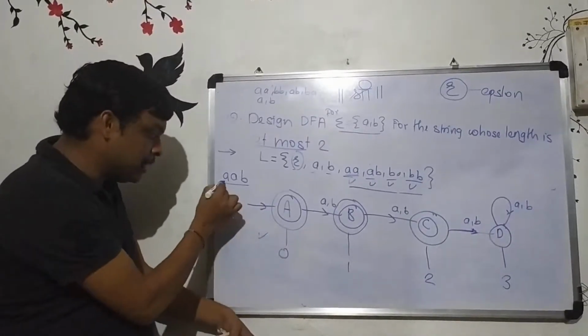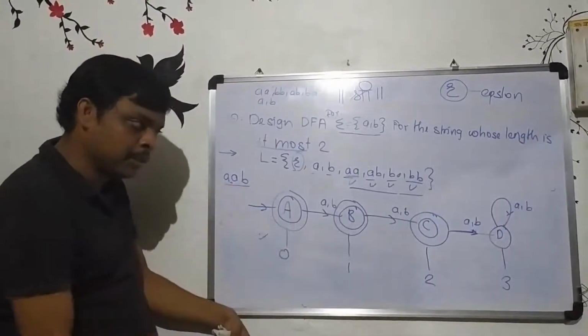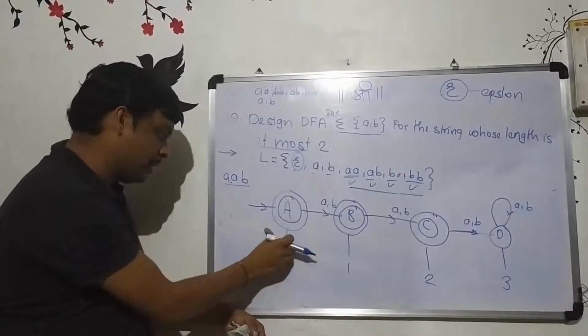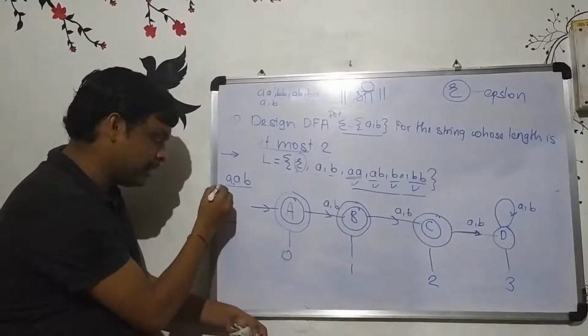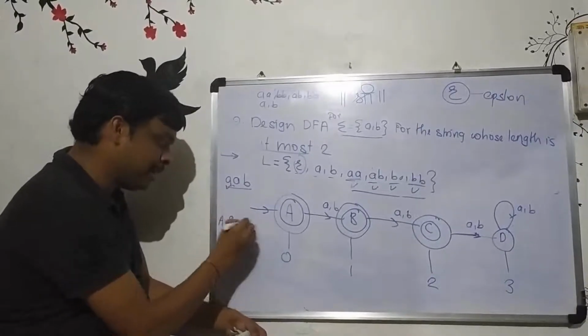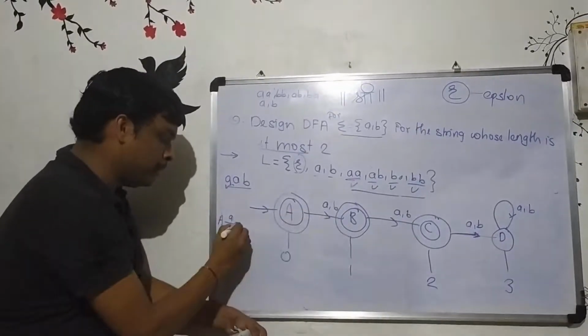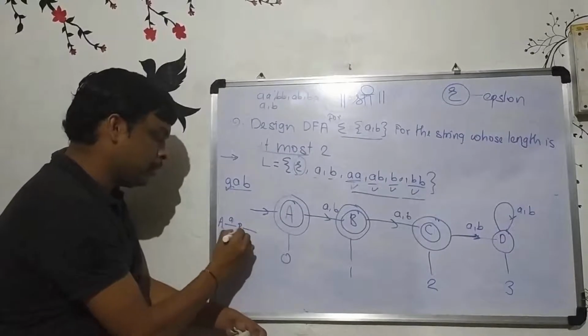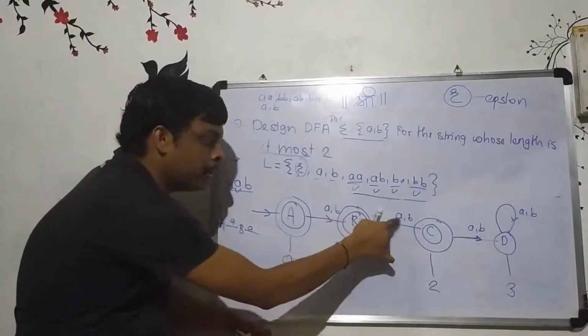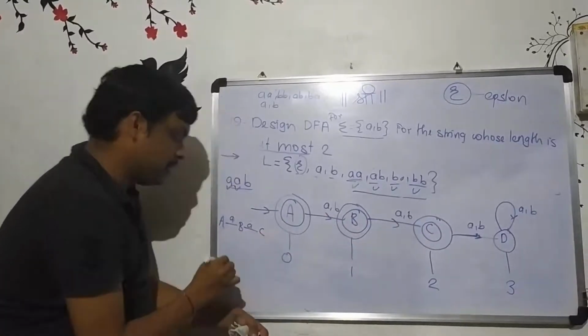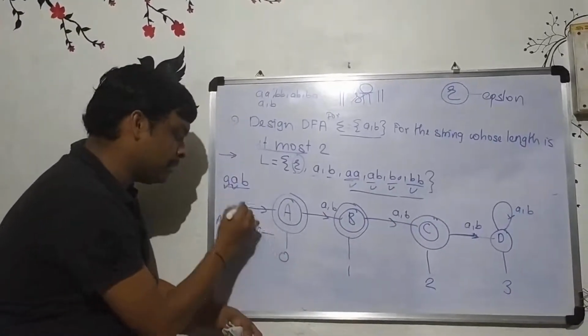Let us verify whether this string is rejected or not. How to verify? Always start with the initial state, capital A, then take the first symbol, small a: capital A, small a, you will be in B. Whenever you are in B, observing small a, you will be in C. And one more symbol is there.